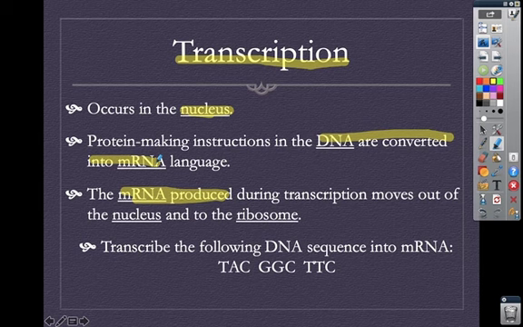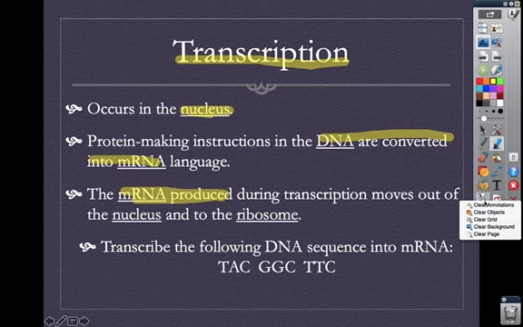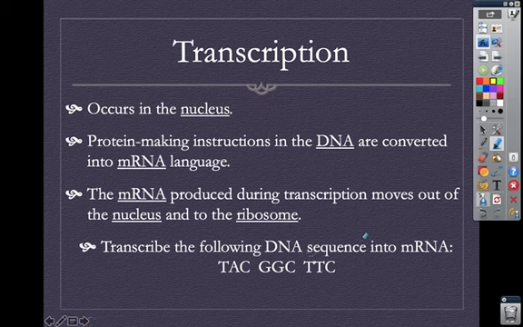Right. Now, we're actually going to practice this process of transcription. It's very similar to DNA base pairing like we did in a previous lesson. So we're going to follow some kind of base pairing rules, but they're a little different when we go from DNA to RNA. So make sure that you write down this example as I go over it, and write down the little chart that I have on the next slide.